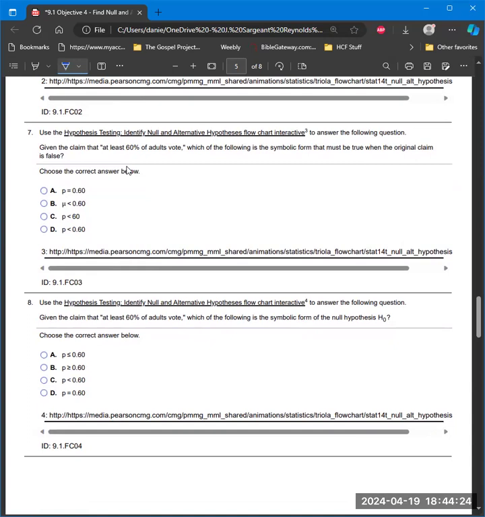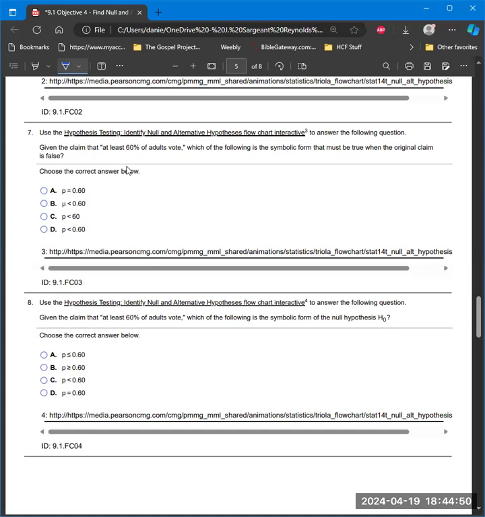Given the claim that at least 60% of adults vote, which of the following is a symbolic form that must be true when the original claim is false? So what's the logical opposite of this claim that says greater than or equal to? So our HA is going to have to be strictly less than.